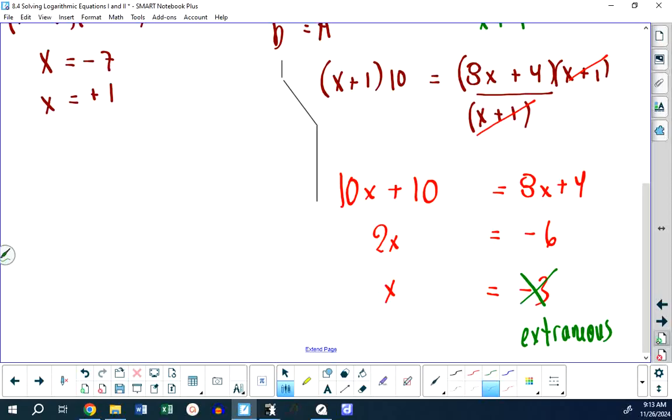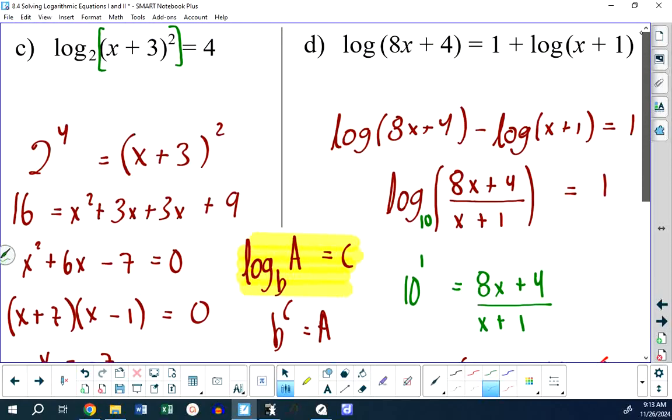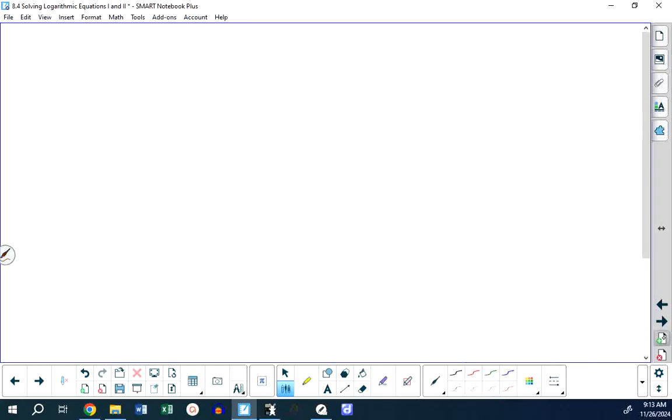And on a written response, I think you should state that. There's something else I want to talk about, though. And this is tricky, but you need to know this. If we take a look at the arguments here, the arguments are 8x plus 4 and x plus 1, correct?